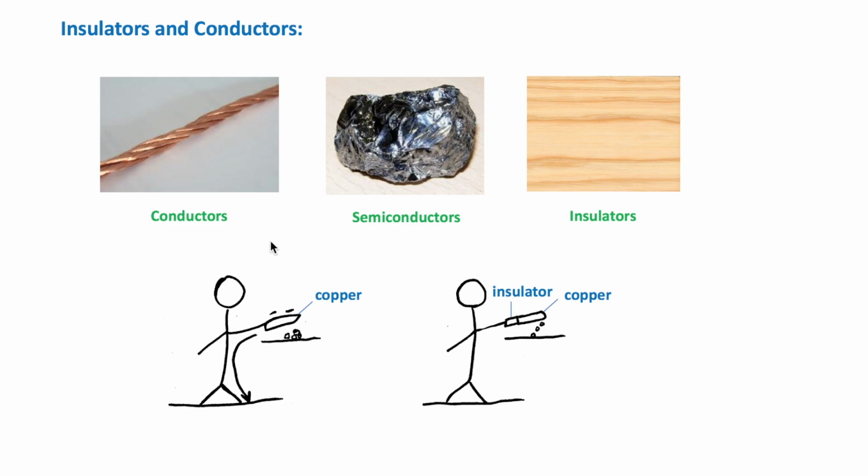Examples of good electric conductors are copper, gold, silver, and aluminum. When a conductor is charged at a certain region, the charge distributes itself over the entire surface of the material because in a conductor, charge can move freely. Okay.